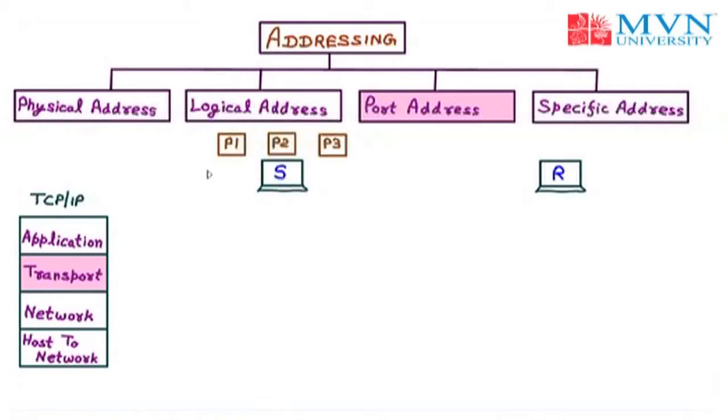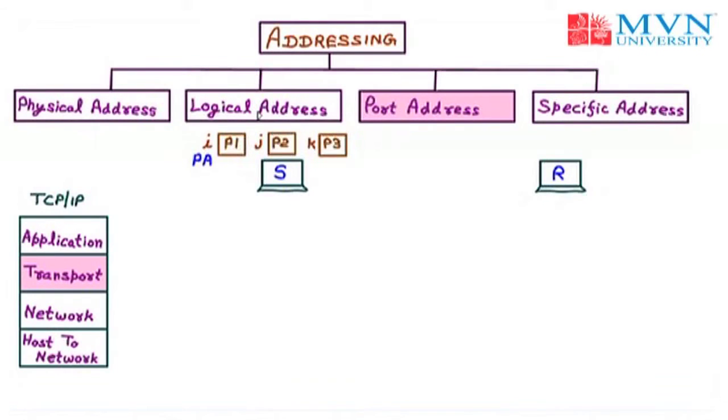Now I am providing a particular port address to each process. For example, I is provided to process 1, J is provided to process 2, and K is provided to process 3. Now here PA stands for port address. So that means I, J and K are the port addresses.